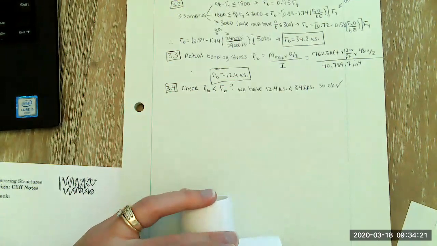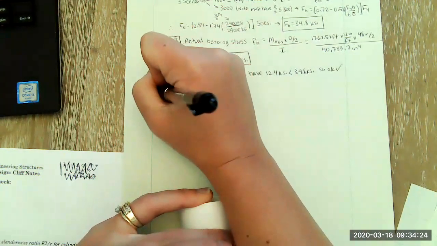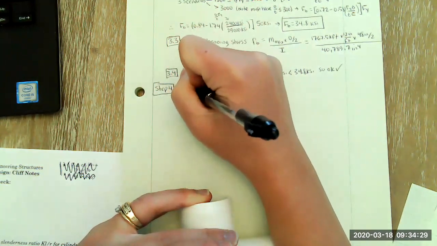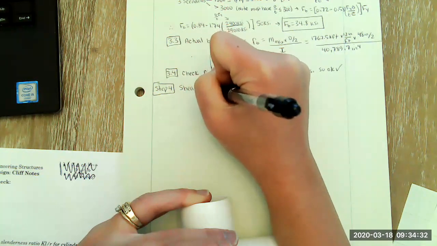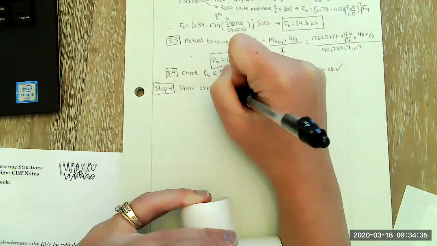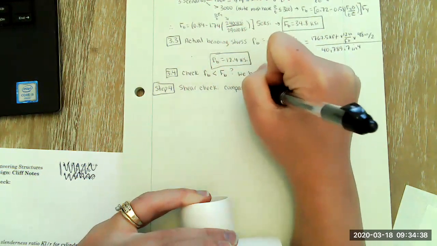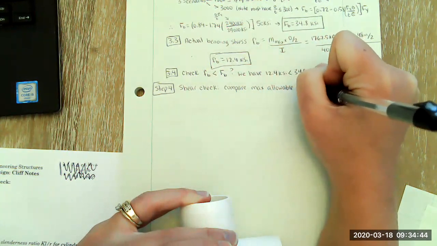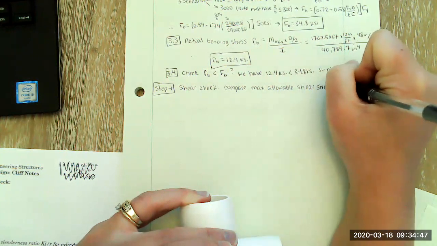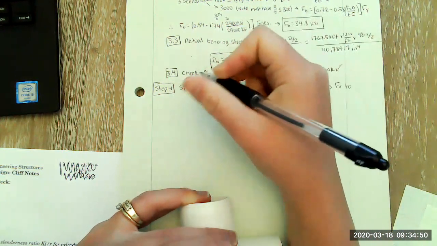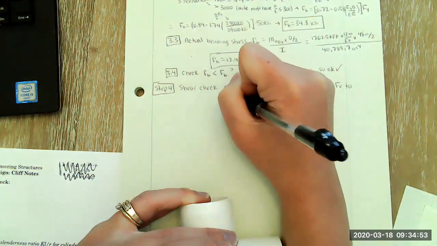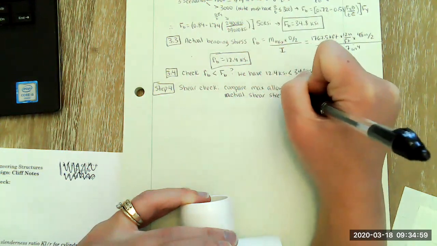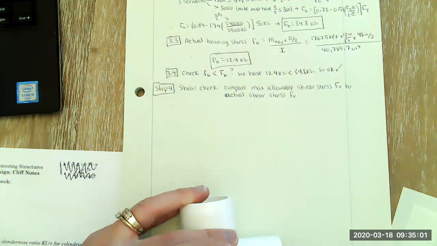Next, we're going to move on to our shear check. So this will be step 4. Our shear check. And again, we're comparing the max allowable shear stress, capital F sub V, to our actual shear stress, which is lowercase f sub v.